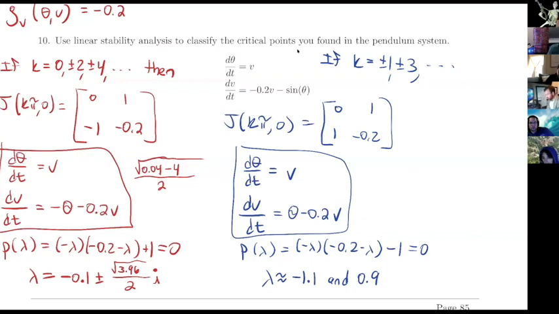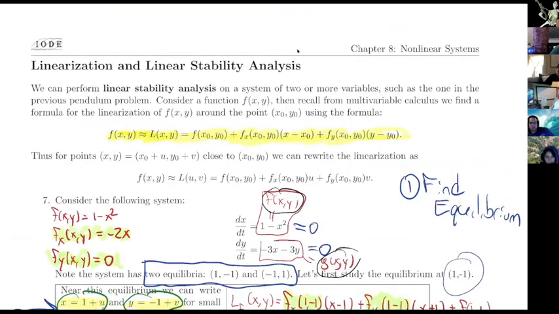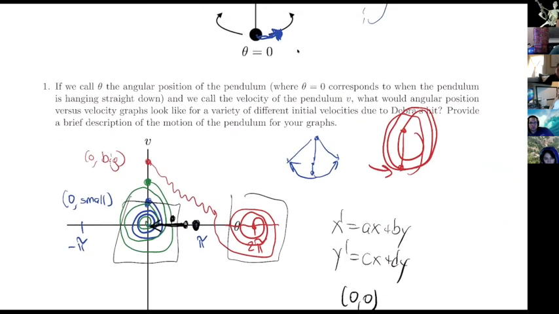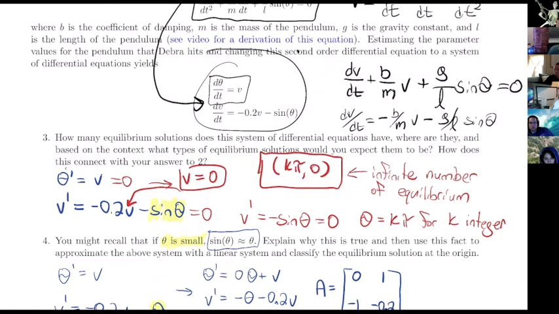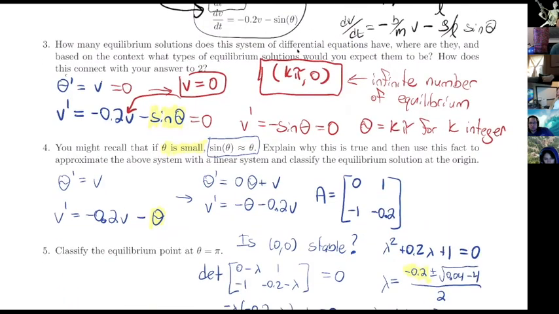I think what you're referring to is what we did way back over here when we first took a look at this, before we knew how to linearize things. We were saying, okay, if I want to think about what is happening at the equilibrium, at the origin, then we can replace sine of theta with theta.